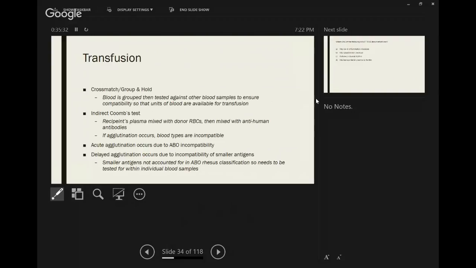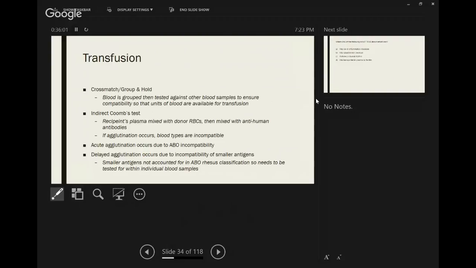Transfusion, so cross-match and group and hold is a clinical difference. So cross-match you do if you actually know you want 2 units. Group and hold you might do because someone's going into knee surgery and they might need a transfusion, they might not. You just want the blood to be ready if you do. So it's grouped and tested against other blood samples to ensure compatibility so that units of blood are available for transfusion. It also ensures that, like, all those 50 minor different rhesus antibodies are actually compatible within the people as well.